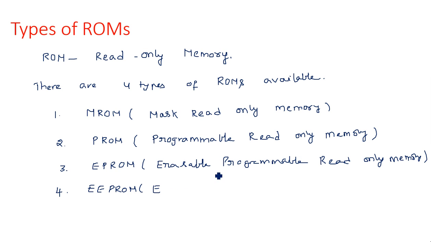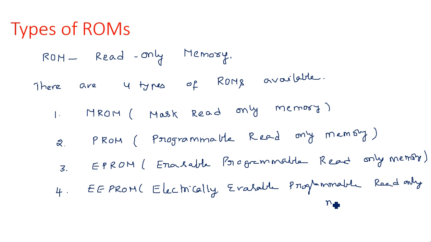One more E is added to this same EPROM, that is electrically erasable programmable read-only memory. So first one is mask read-only memory, second one programmable read-only memory, third erasable programmable read-only memory, and the last one is electrically erasable programmable read-only memory.